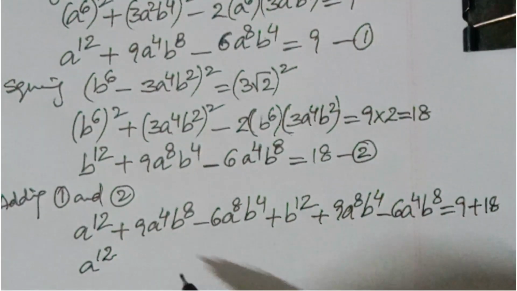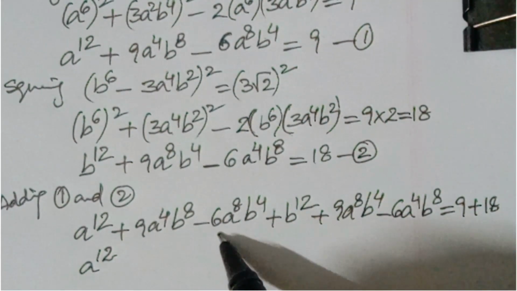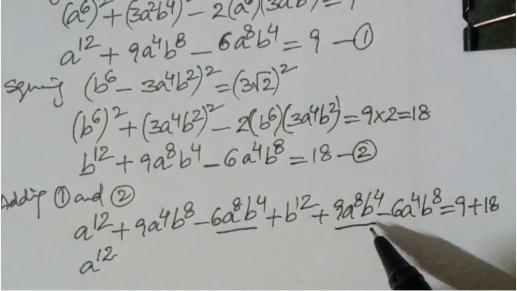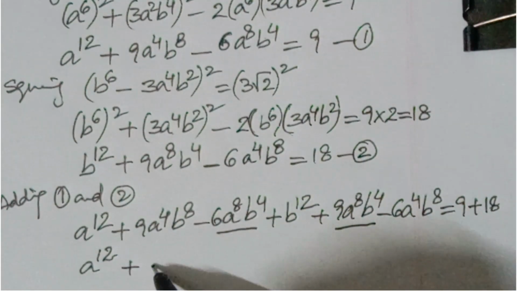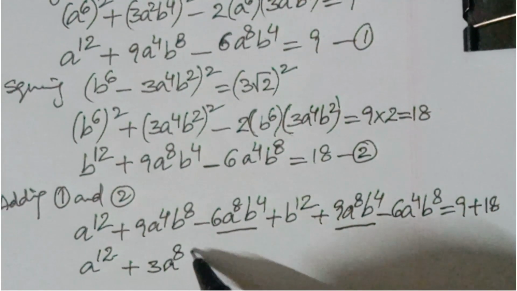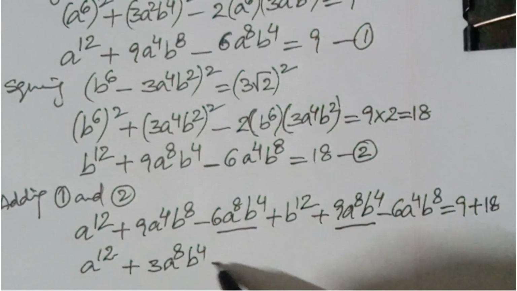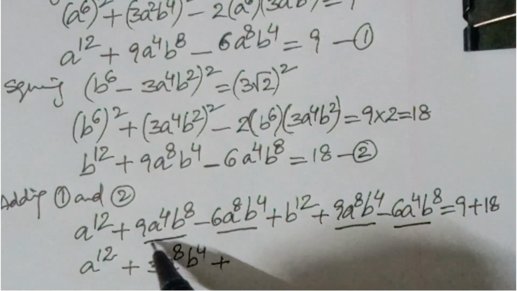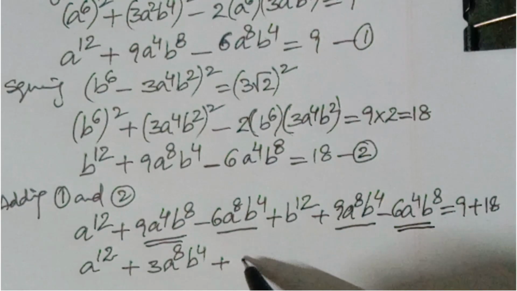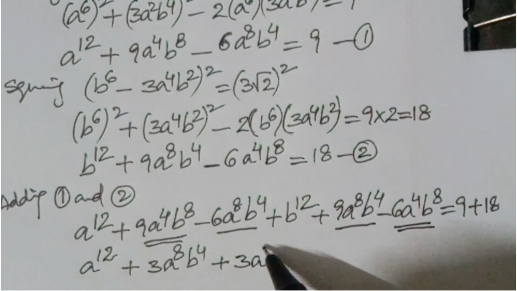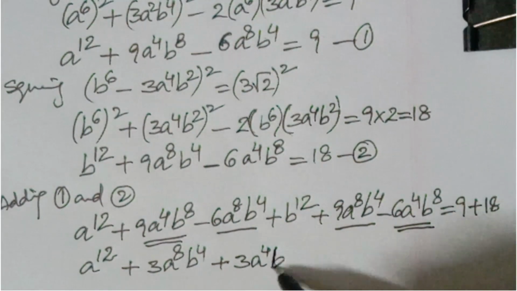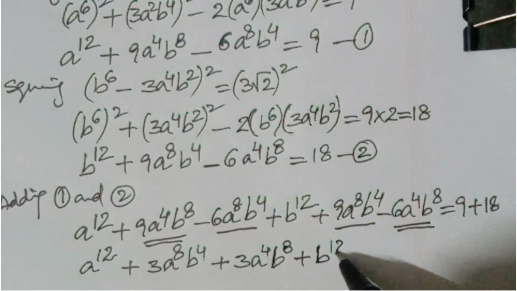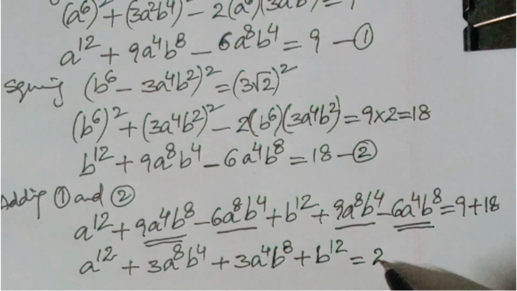Here you'll get a to the power of 12. Minus 6 a to the power of 8 b power 4 and 9 a to the power of 8 b power 4 are like terms, so you'll get 3 a to the power of 8 b power 4. Similarly 9a power 4 b power 8 and minus 6a power 4 b power 8 are like terms, so you'll get 3 a to the power of 4 b to the power of 8, plus b to the power of 12 is equal to 27.